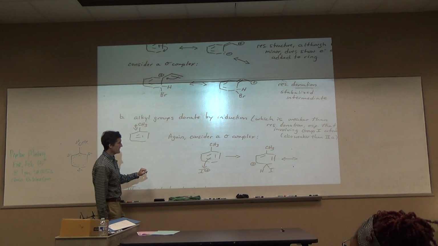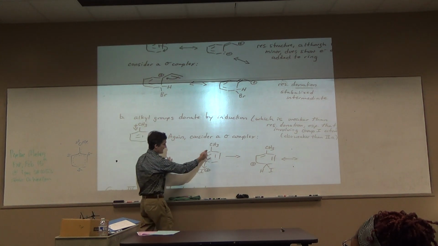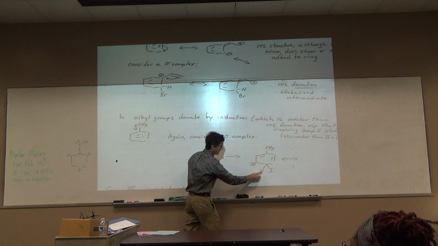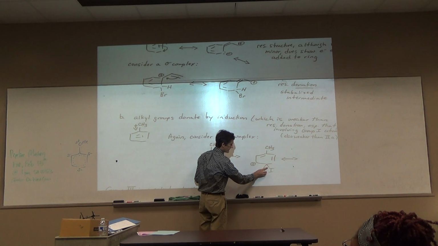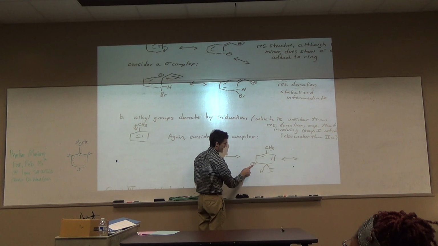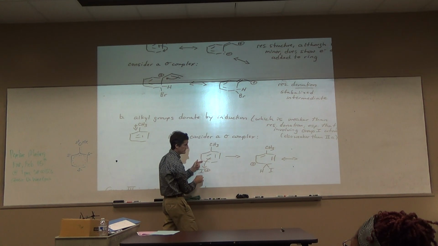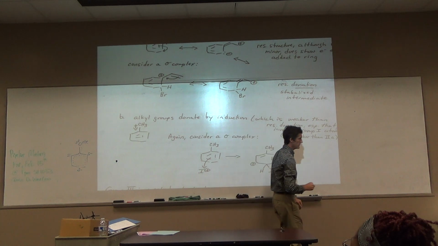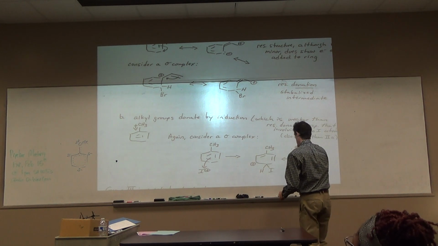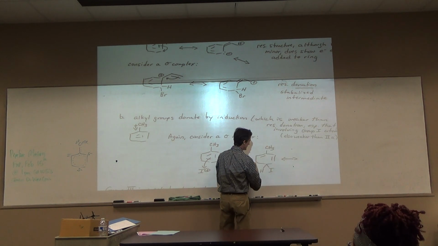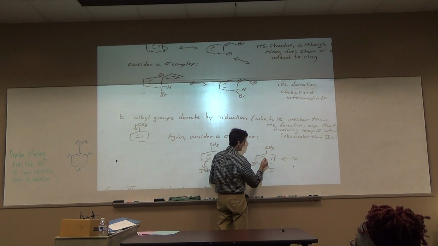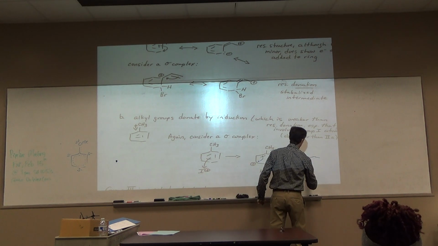Again, consider a sigma complex. Up there I didn't show it, but if you react with iodine, if the iodine adds para, we're going to get this cation, right? Here, cation, iodine here, cation here. Resonance though. Draw additional resonance structures. Windshield wiper down.